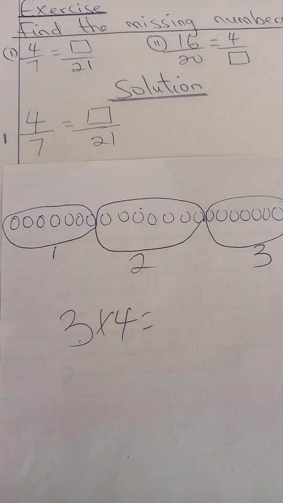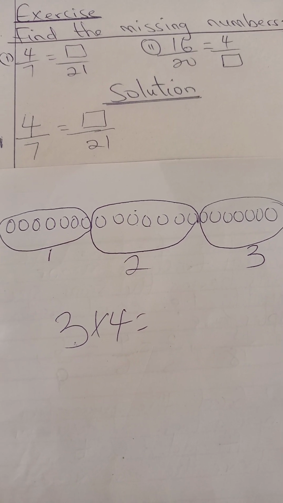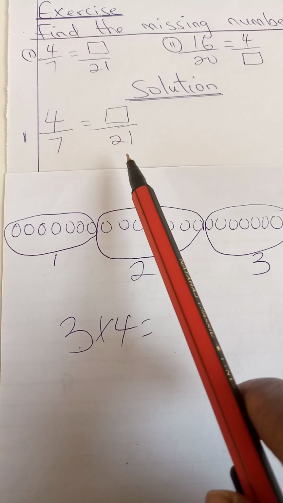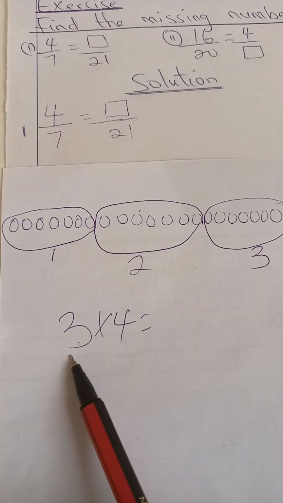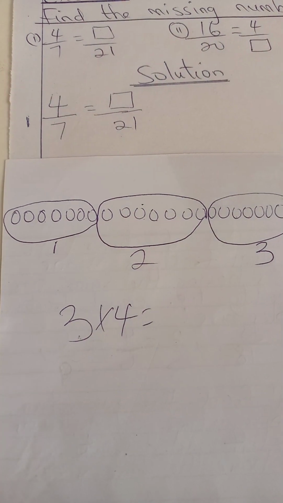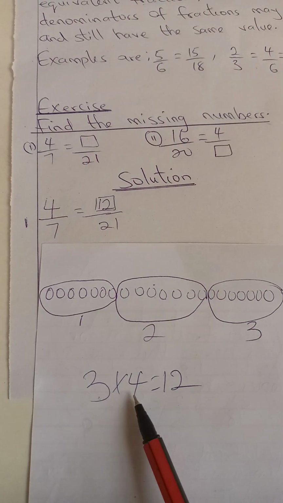But if it's on the left hand side, I'm going to divide. So here, the big number is on the right hand side. For that, the answer that I've gotten here, I write it out, multiply by the numerator. So my answer is 12. So that's how I'm able to arrive at 12. 3 times 4 is 12.